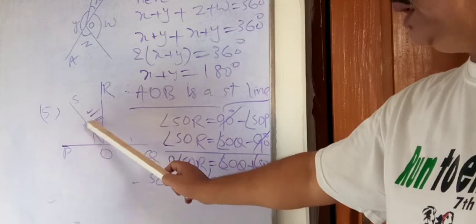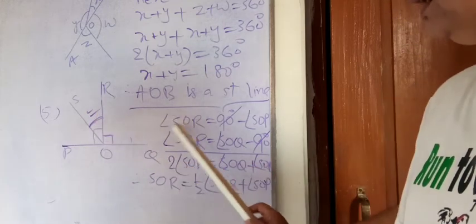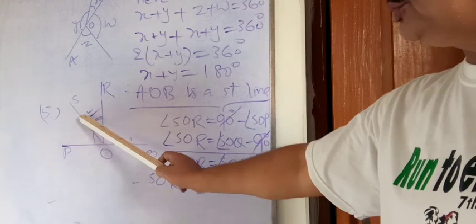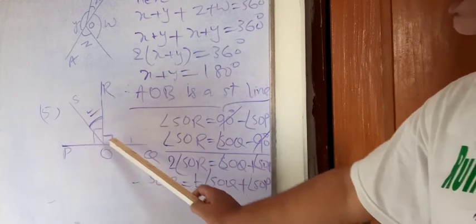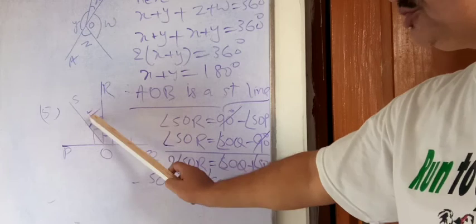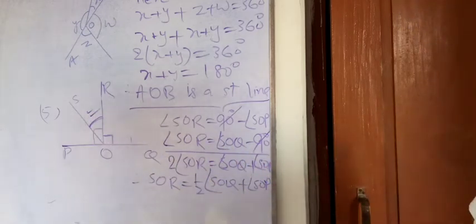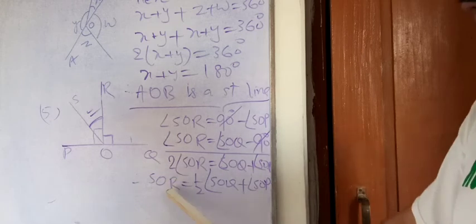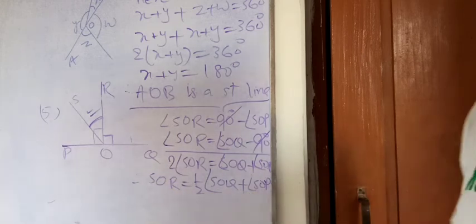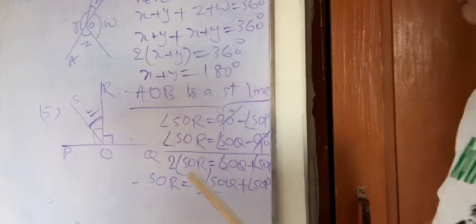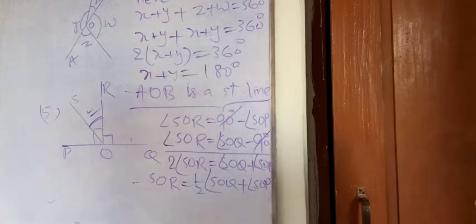Also SOR is here, no. So from this whole thing, if we subtract 90 degree, then also SOR can be calculated. So in both the ways we have written here, and lastly we will add these two results. It will give 2 SOR, 90 plus minus, that will be cancelled, SOQ minus SOP, and finally SOR equals half of SOQ minus SOP. So in this way we get our desired result.